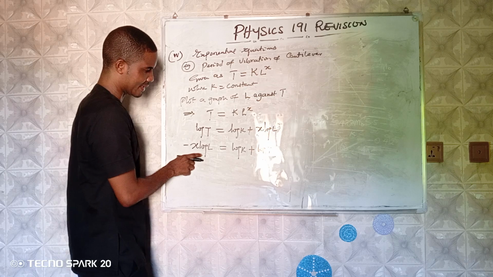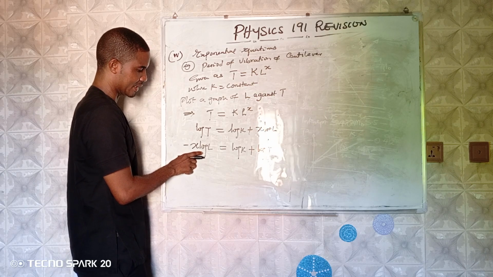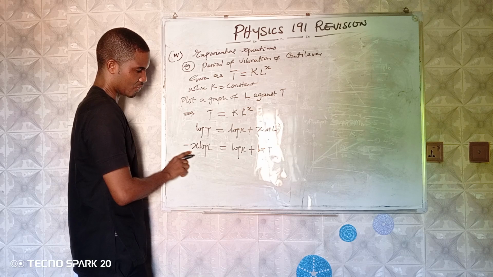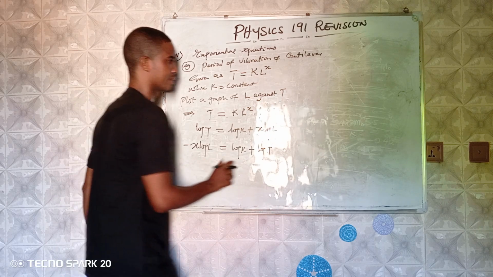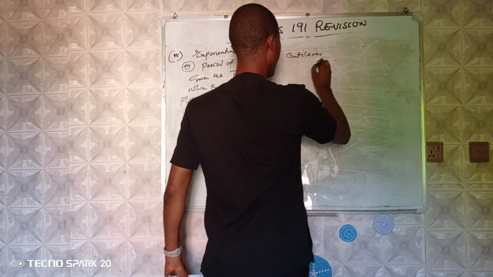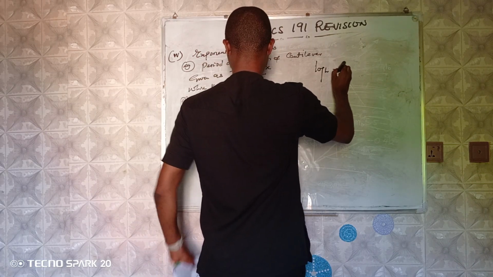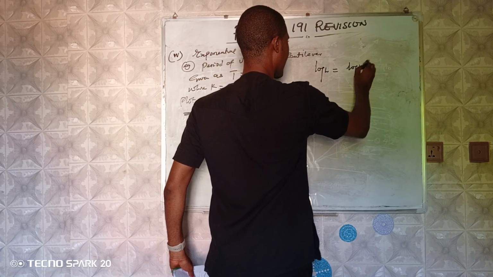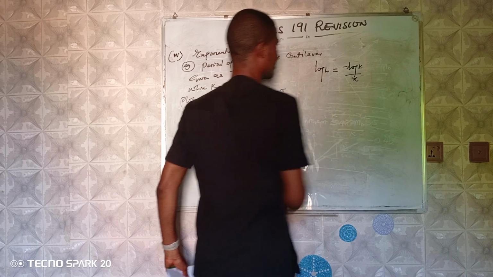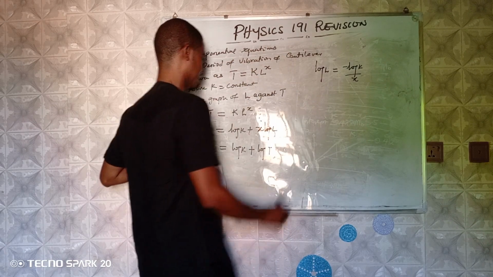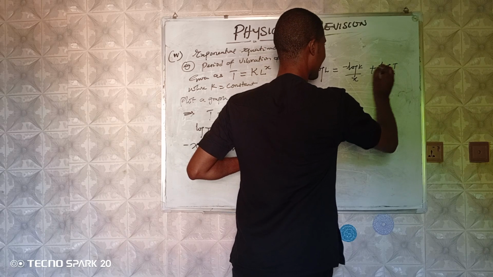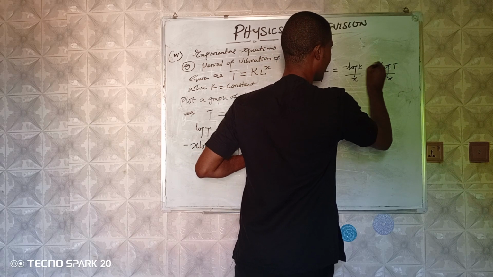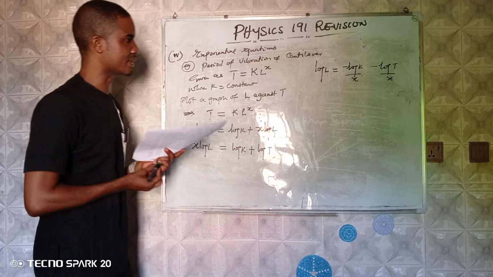Now, remember that since this log L is our y, this x should leave. So I'm going to divide both sides by minus x, and I'm having log L equals log k over minus x plus log t over x. Are you following that?